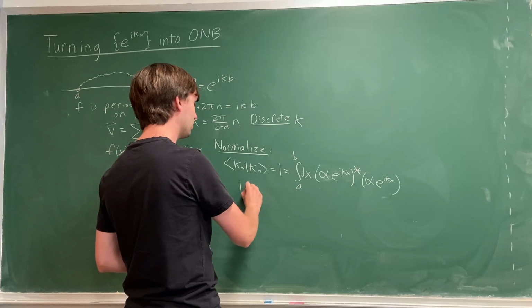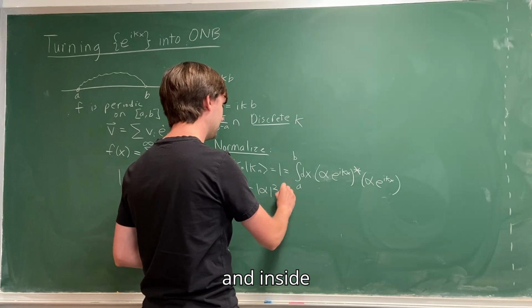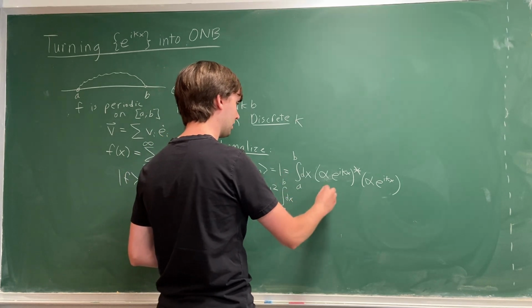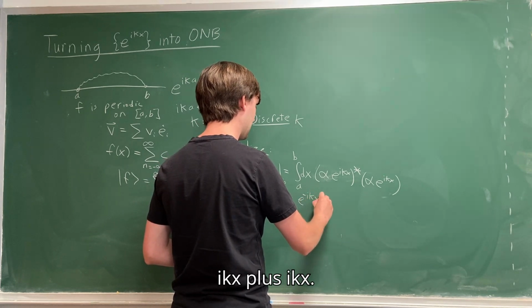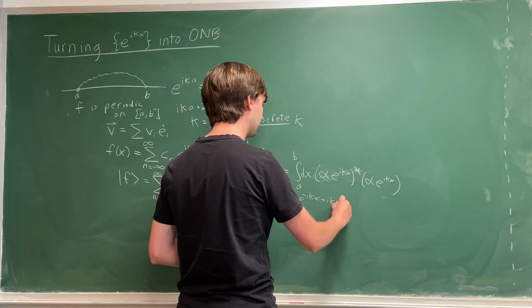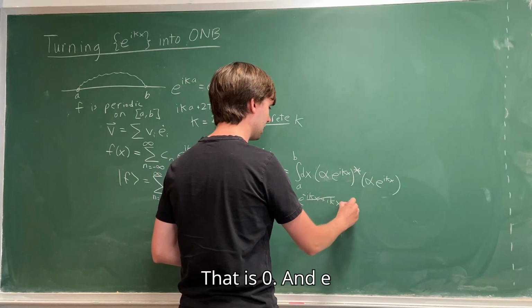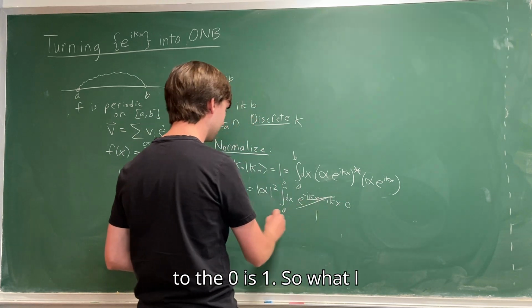So my alphas just pull out, and inside I have e to the negative i k x plus i k x. Multiply these, add the exponents. That is 0. And e to the 0 is 1.